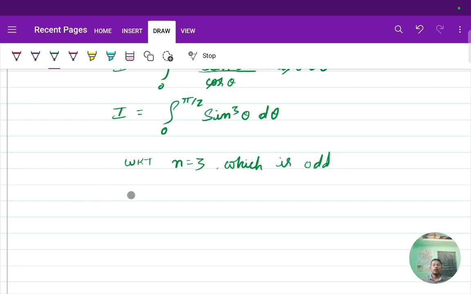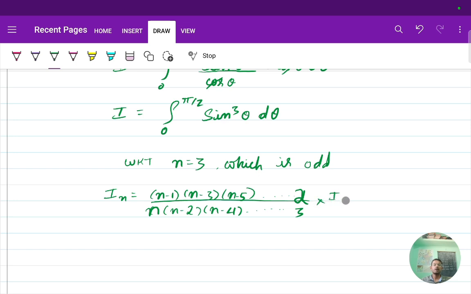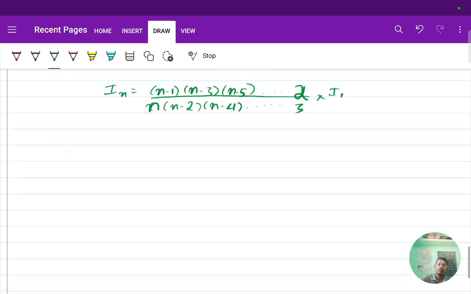The reduction formula for n odd is I n equal to n minus 1, n minus 3, n minus 5, and so on up to 2, whole divided by n into n minus 2, n minus 4, and so on up to 3, into I1. The last integral is I1 when n is odd.